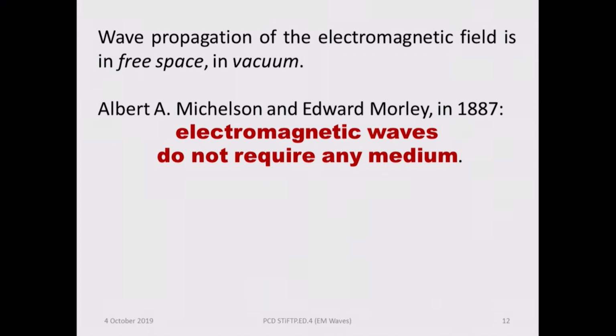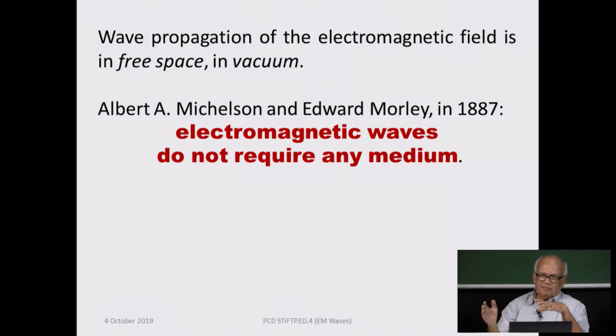And any wave phenomenology was understood to be associated with a medium. Like I said, you can transmit energy from one point to the other point by tapping it here, and then it is this nudge which propagates. Okay?